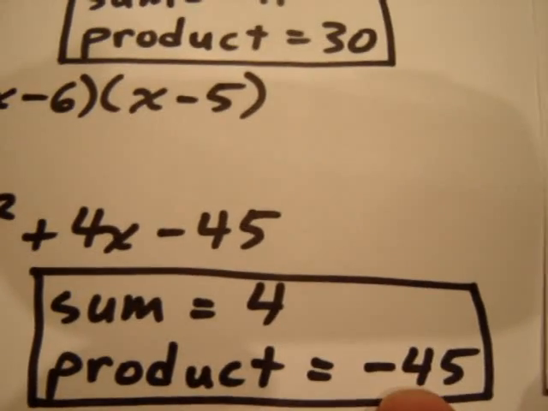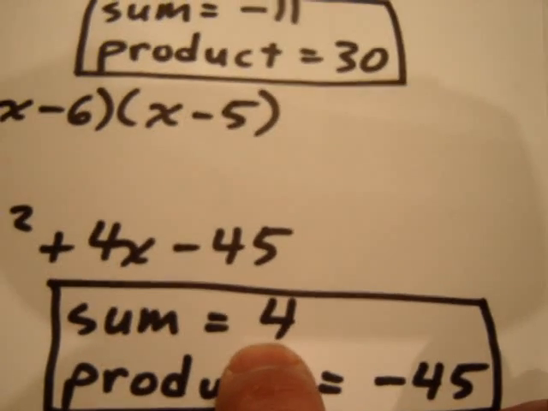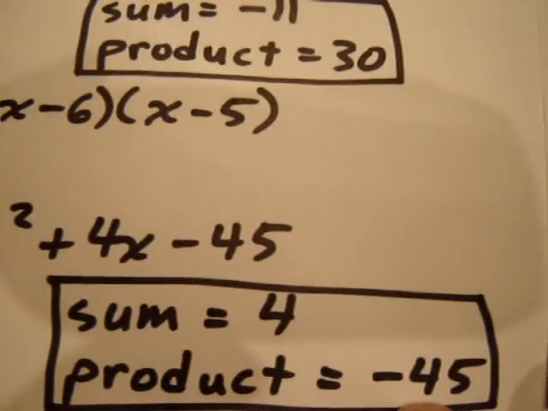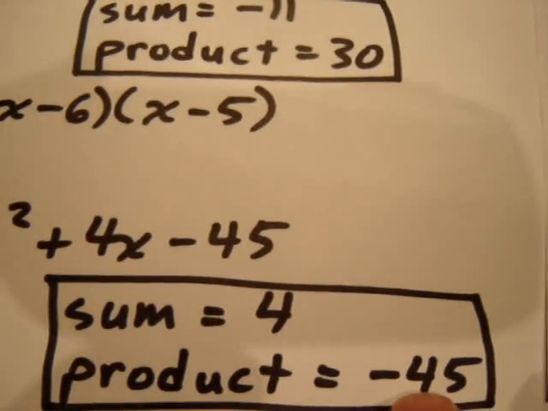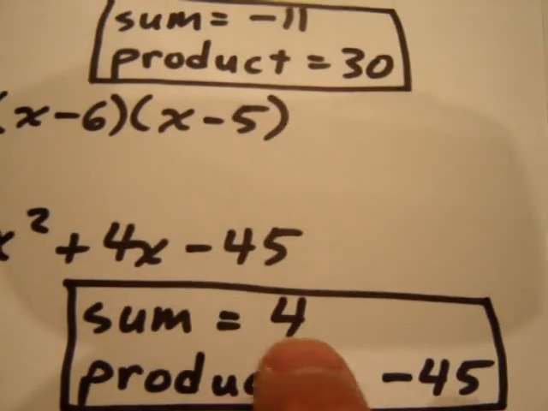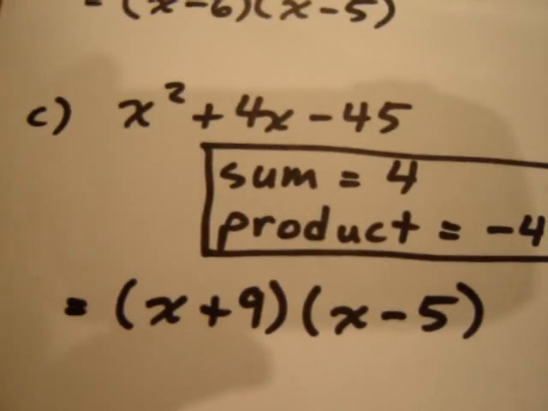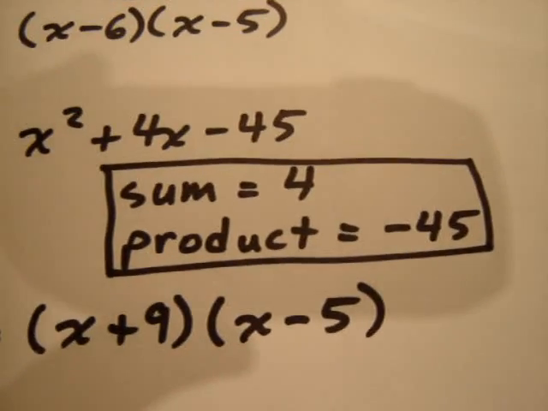Well, we know that negative 9 plus positive 5 would be negative 4, but we know that positive 9 plus negative 5 would be positive 4, and positive 9 times negative 5 would be negative 45. So we have our numbers, positive 9 and negative 5. So there's our two factors, x plus 9 quantity times x minus 5 quantity.